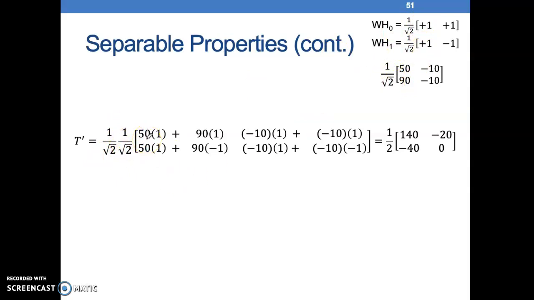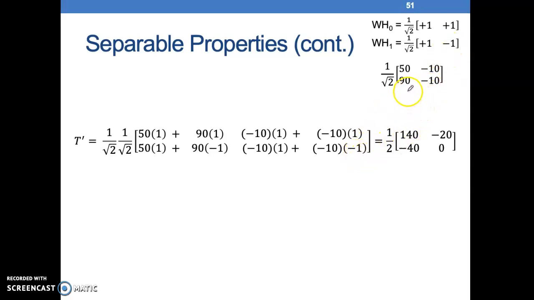So for this, next 50 multiplied by 1, 90 multiplied by 1. Then 50 multiplied by 1, 90 multiplied by -1. Then -10 multiplied by 1 and -10 multiplied by 1, -10 multiplied by 1 and -10 multiplied by -1.